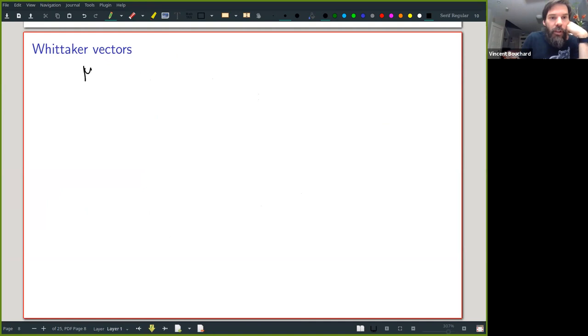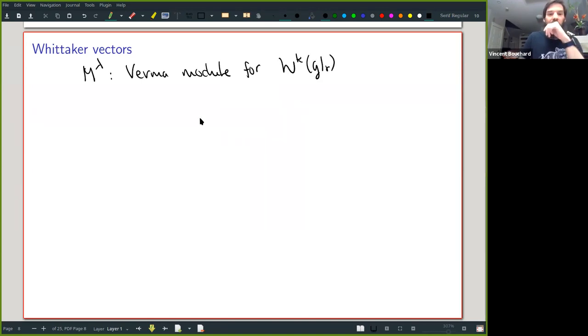First, you have to define a Verma module. A Verma module for your algebra, you might know what this is already, but very roughly speaking, you start with the highest weight vector.